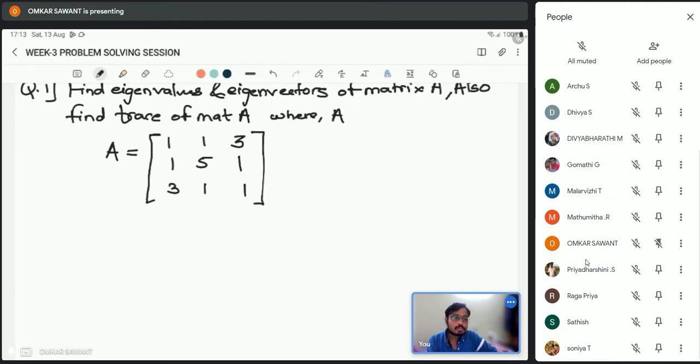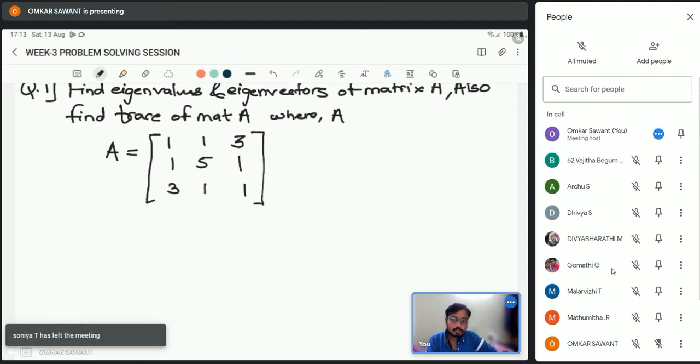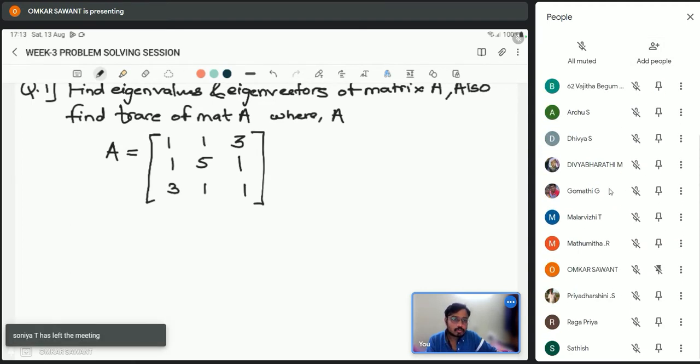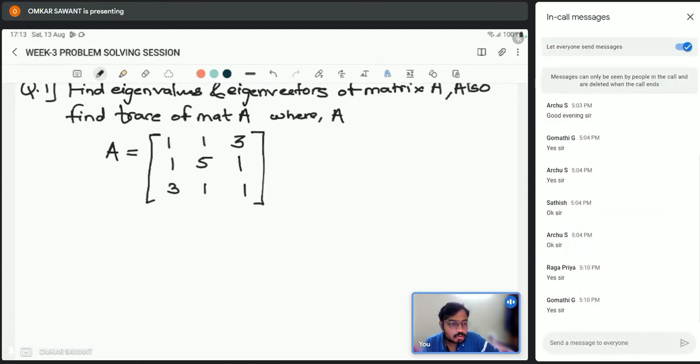What is the trace of the matrix? No one knows. The trace of the matrix is the sum of the eigenvalues. Okay.